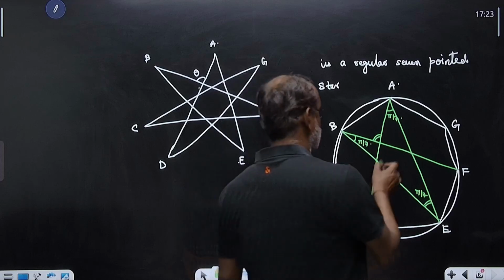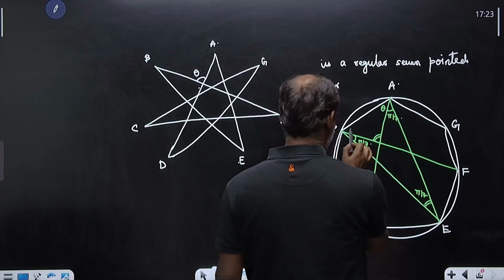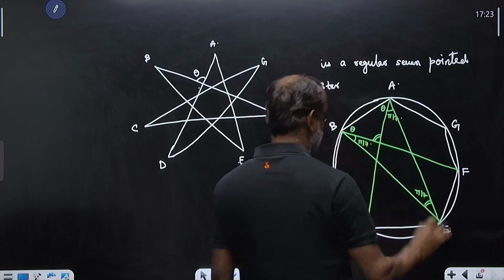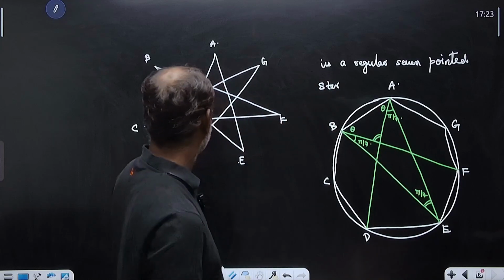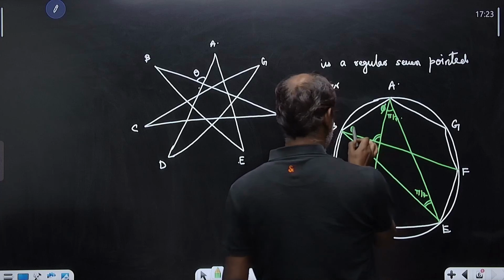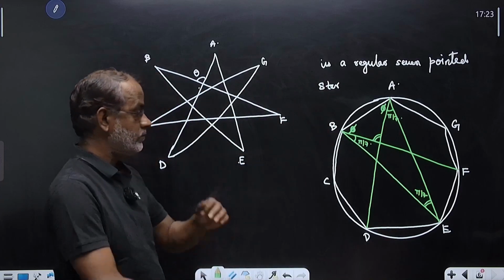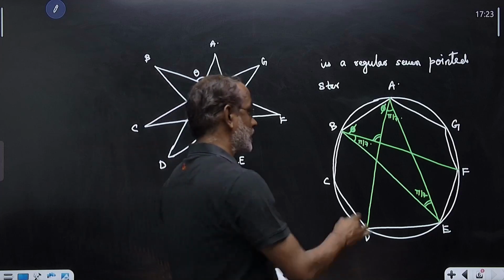Now, if this angle is theta, I hope you are able to understand this is also theta. Now let this angle be phi, this is also phi. Now, can you tell us what is this angle theta?